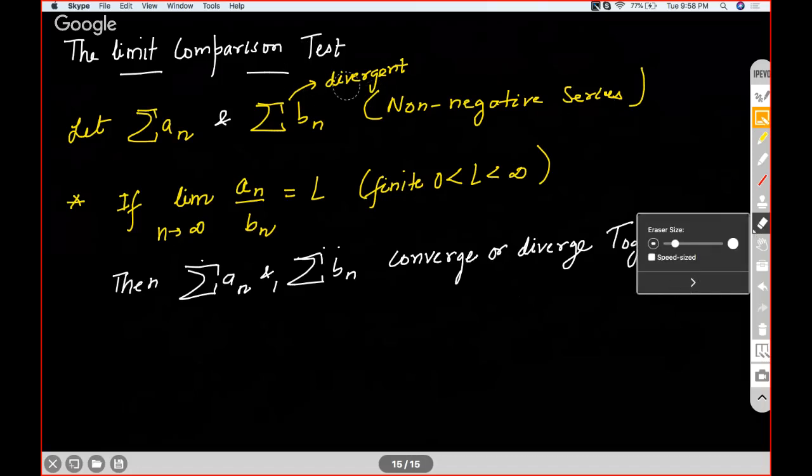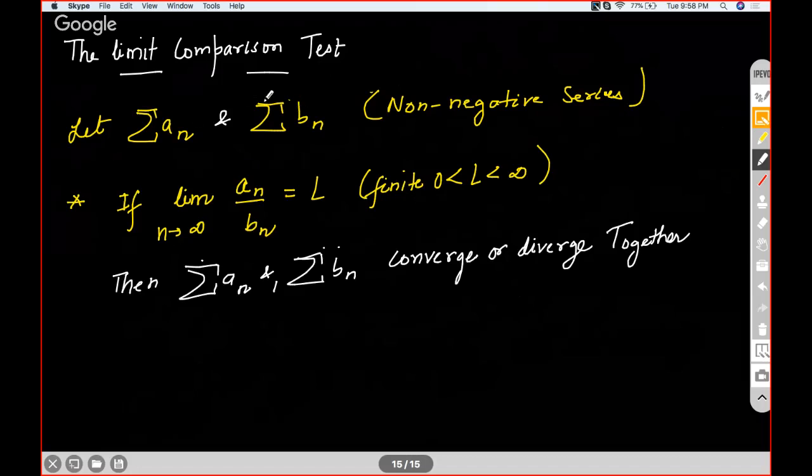Understood? That's the meaning of diverging and converging together. And if you know that bn is convergent, then an will also be convergent if this test is holding true.